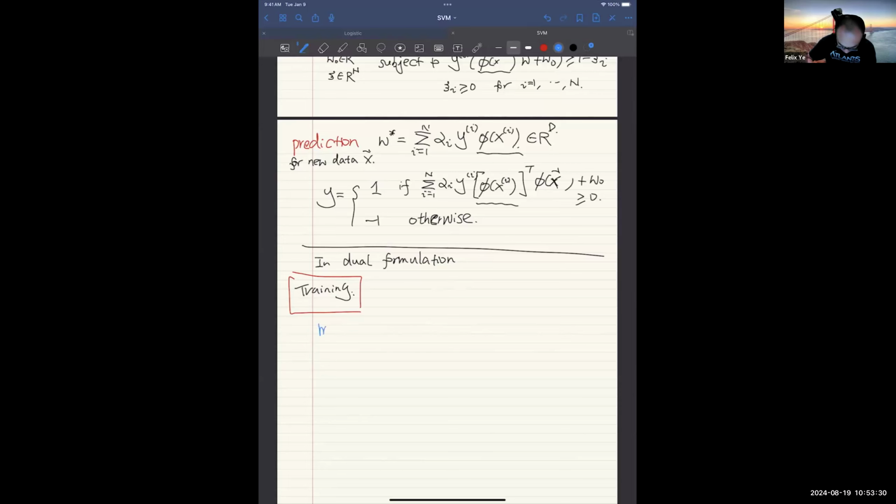So this is a minimization over alpha in R^n of the summation of i from 1 to n of alpha i, minus 1/2 double summation i from 1 to n, j from 1 to n of y_i y_j alpha i alpha j phi of x_i transpose phi of x_j.